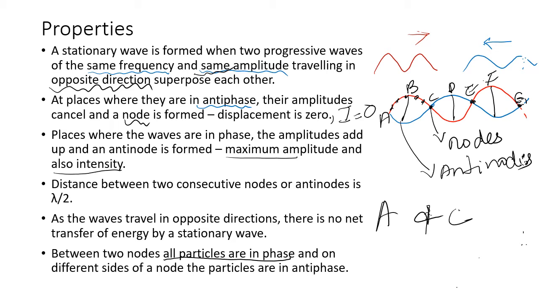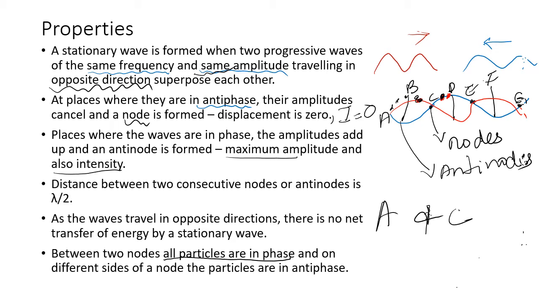And on both sides of a node, for example, say I have one point here and one point here, those two points will be in anti-phase.